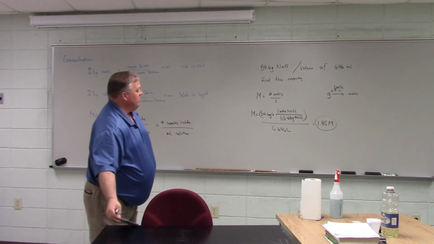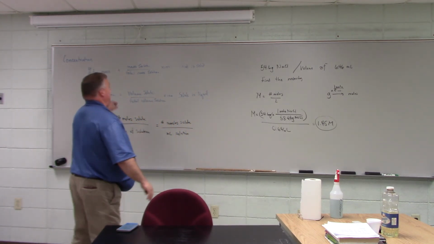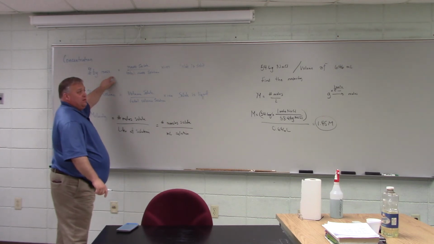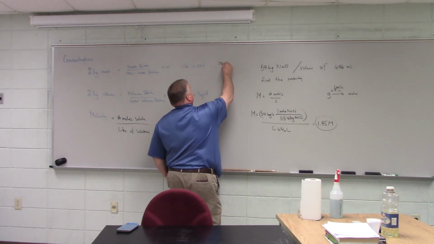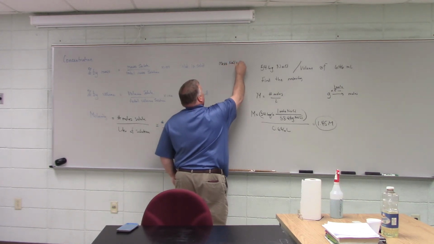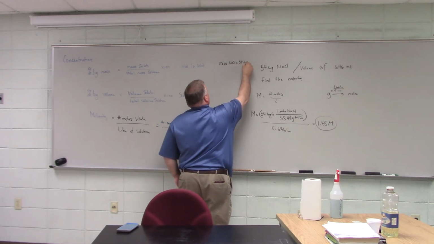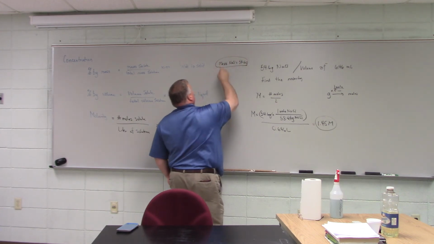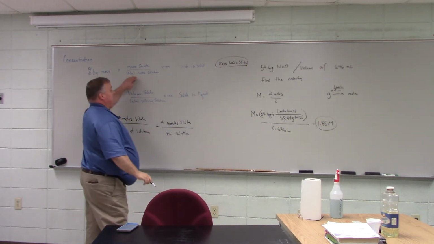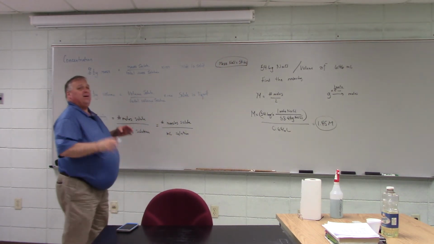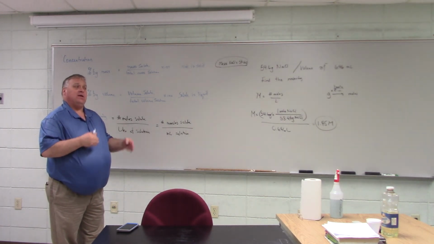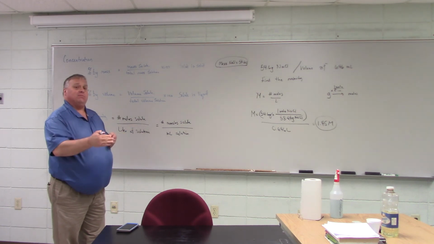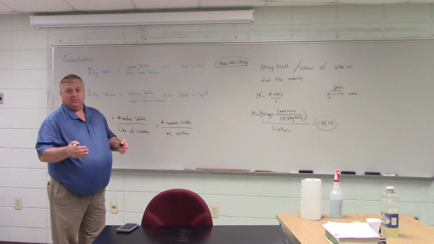Now, if we were to take the same problem and find its percent by mass, the mass of NaCl is equal to 54.6 grams. If we needed to find the total mass, we would need to know the total volume of that solution and the density of that solution, and we would multiply the volume times the density to get the mass, okay?